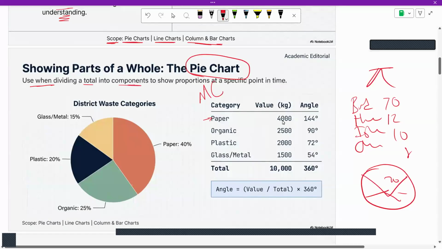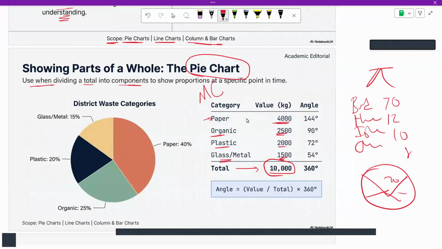They have collected 4,000 kilograms of paper, 2,500 kilograms of organic waste, 2,000 kilograms of plastics, and 1,500 kilograms of metal. Altogether, they have collected 10,000 kilograms of waste. Now, based on this data, we have to prepare a pie chart like this.